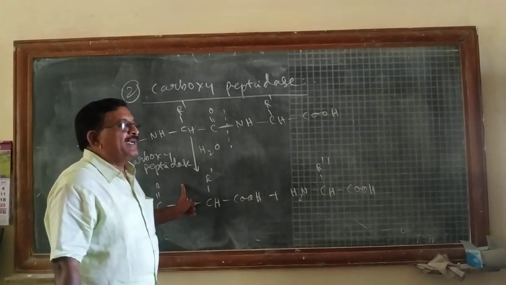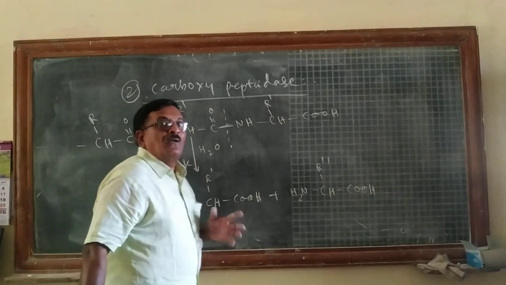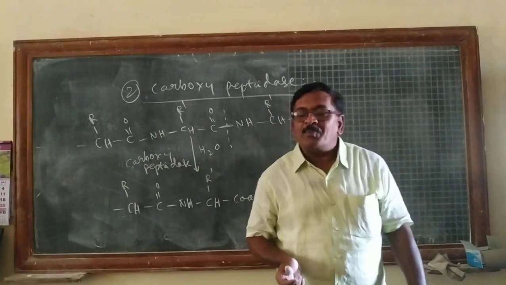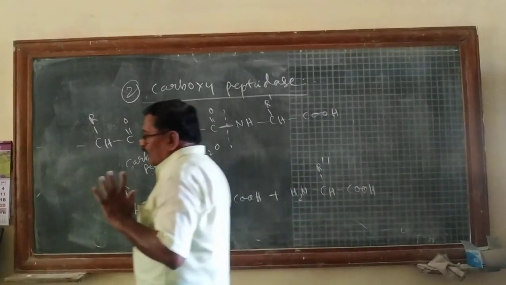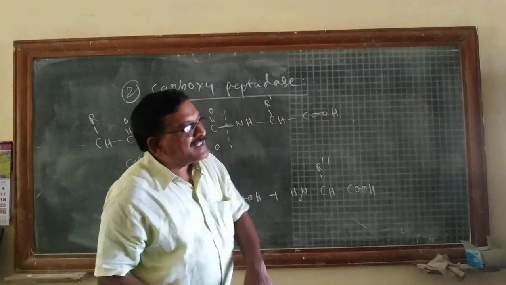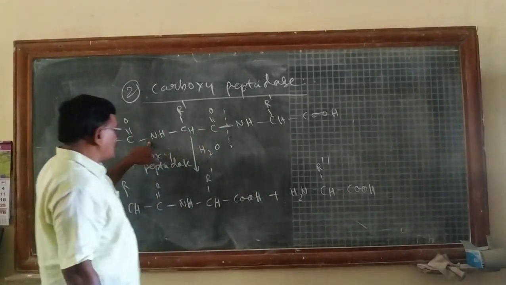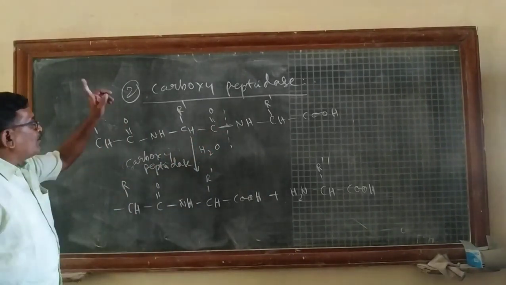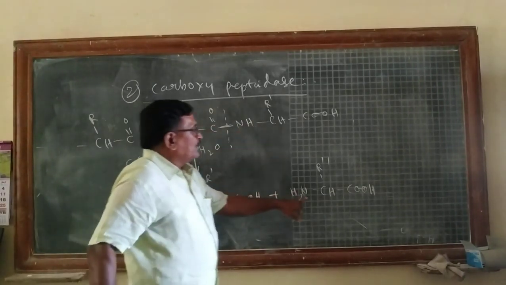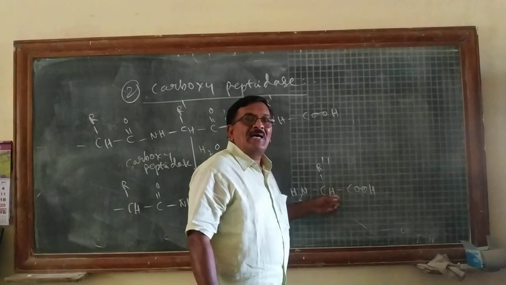Carboxypeptidase means, when you consume food, it is converted in the digestive system by carboxypeptidase. Here the bond breaks between the C double bond O and NH to form what is called an amino acid.